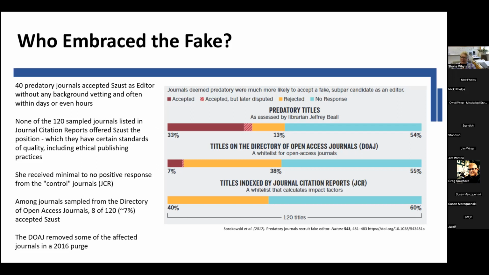And in the Directory of Open Access Journals, about 7% of them accepted Szust as an editor. Subsequently, in 2016, they had a purge of journals, and they removed some of the affected journals that had accepted her as an editor, but not all of them.